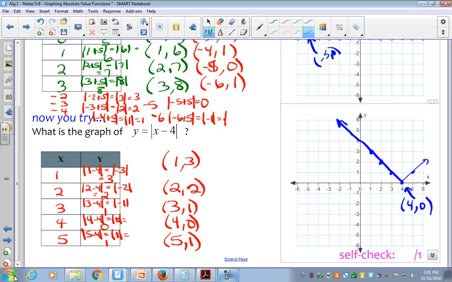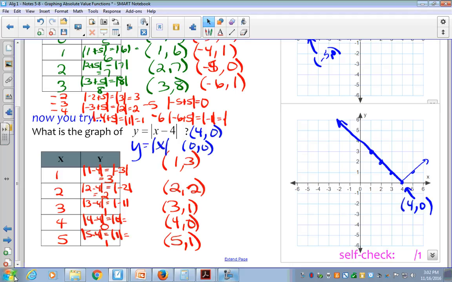So let's take a peek. y equals absolute value of x, its corner is at 0, 0. And then y equals absolute value of x minus 4 has its corner at 4, 0.